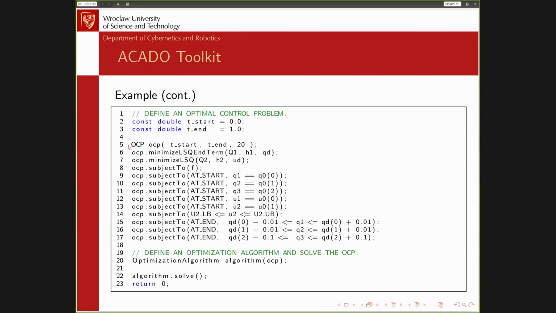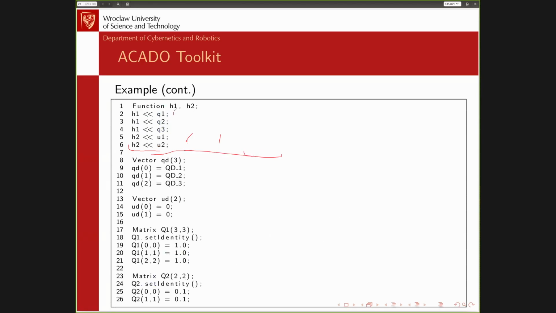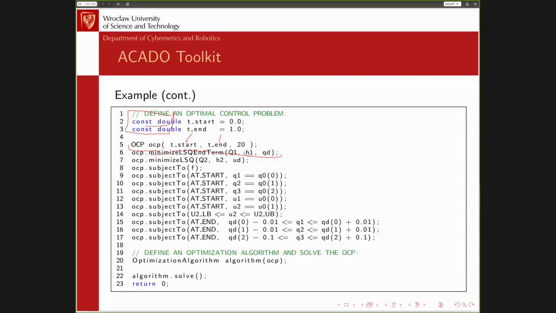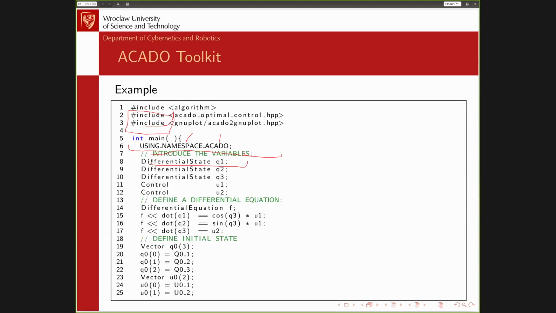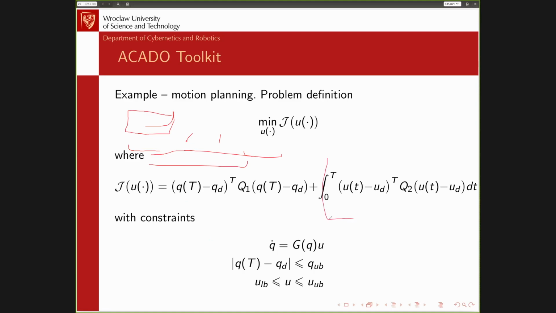We build the optimization object on some time horizon. We define our terms. The end term, it was the h1. It was defined here. Sorry, here. It was the state, and this term is defined here.